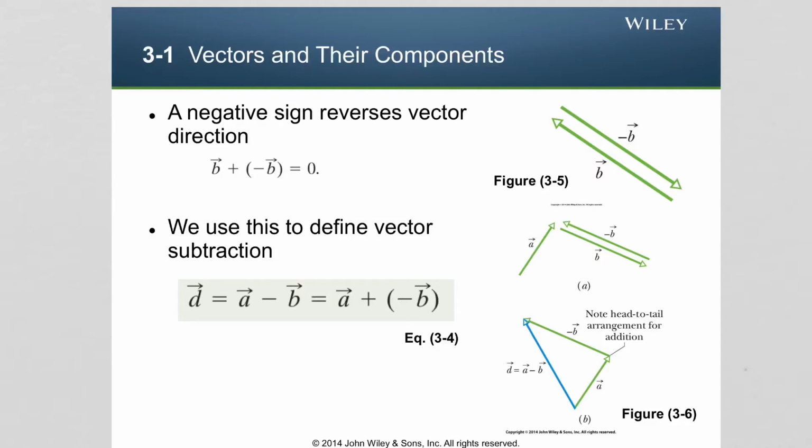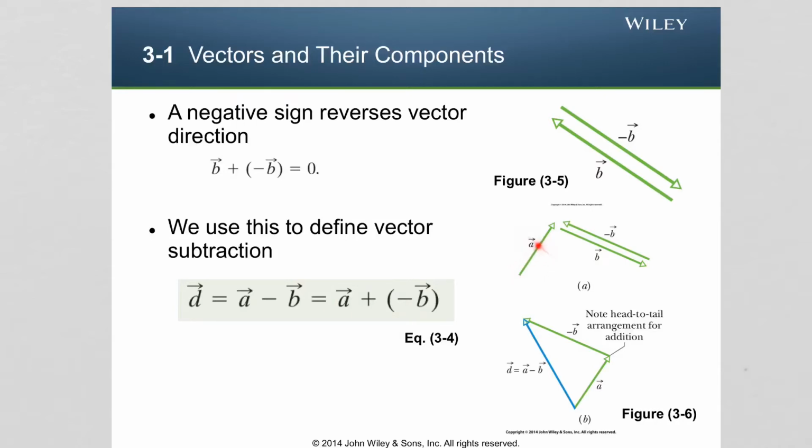So when two vectors with the same magnitude in opposite directions are added, they will produce a zero resultant vector. And so we use this property to define vector subtraction. So d is the resultant vector of subtracting b from a, which is the same as adding -b to a.